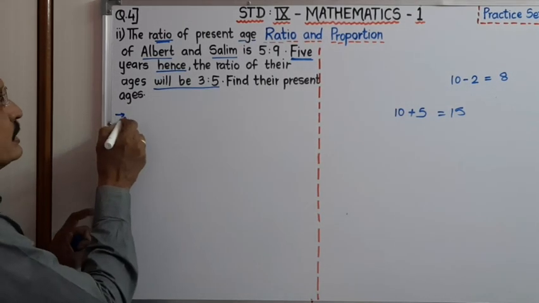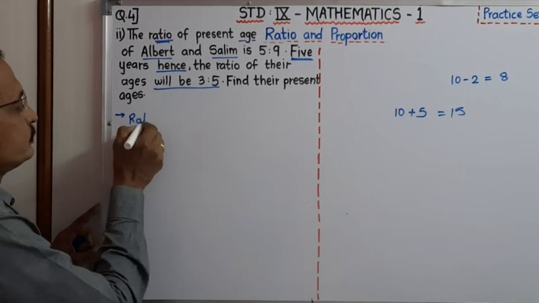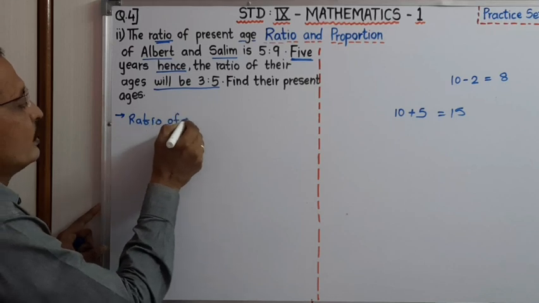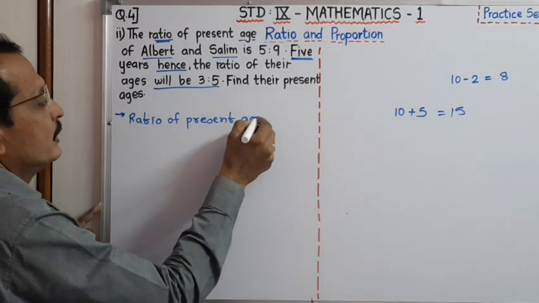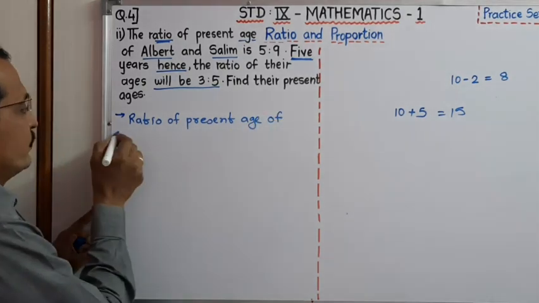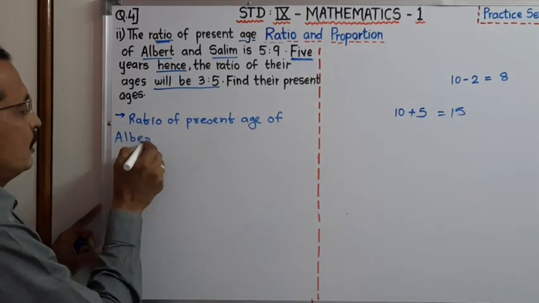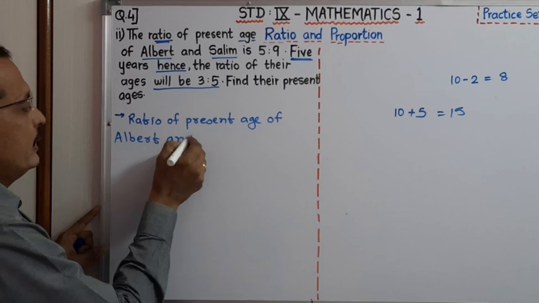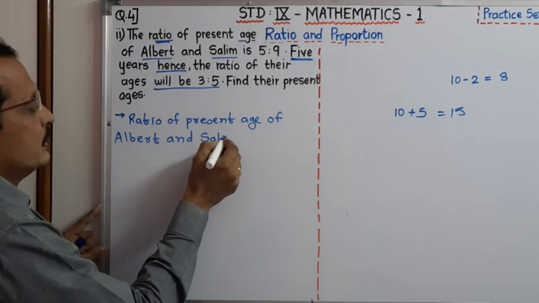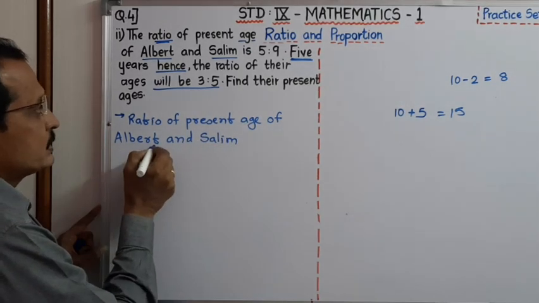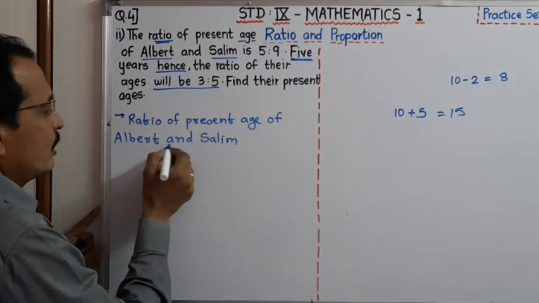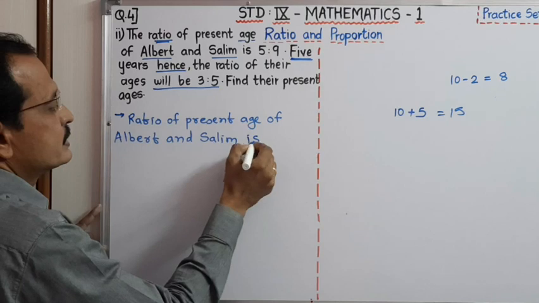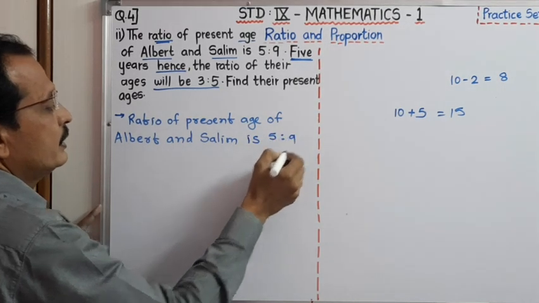Therefore, dear students, see, the ratio of the present ages of Albert and Salim. Albert's is 5 and Salim's is 9. Therefore, Albert to Salim is 5:9.